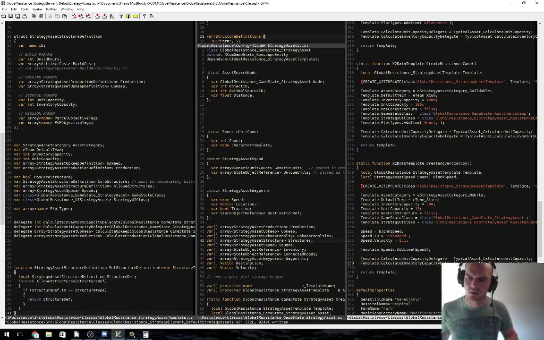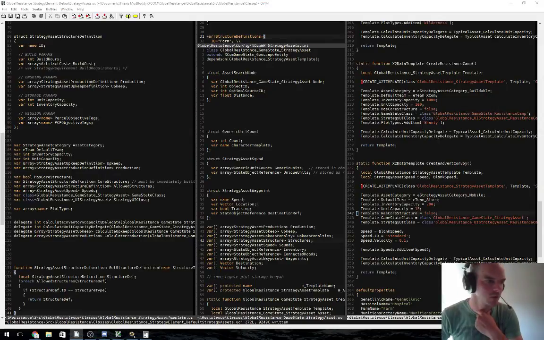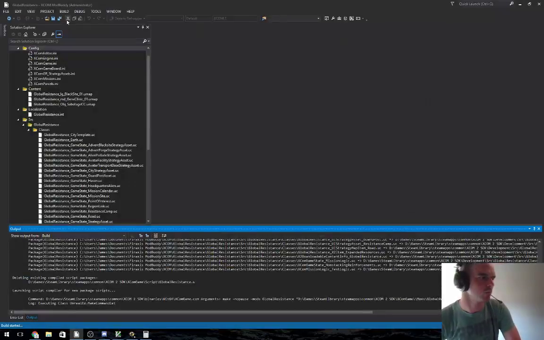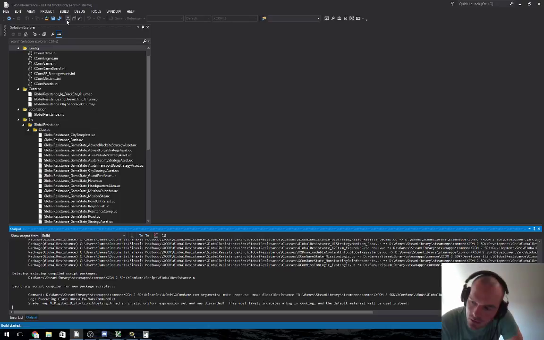Alright, so now that we've done that, I'm just going to check if it builds first. If it doesn't build, then we've got problems. But if it does build, then we can try and figure out how we're going to expose this information. I should be able to do that, so I'm not particularly worried about getting to that point.